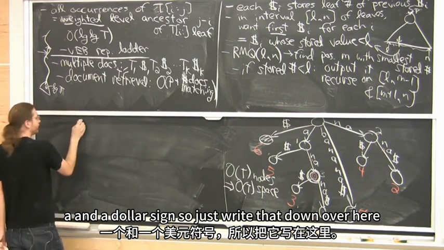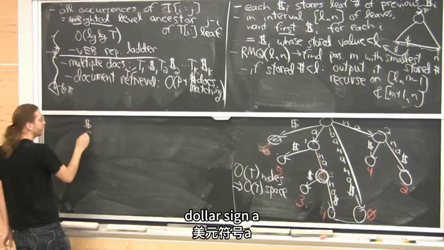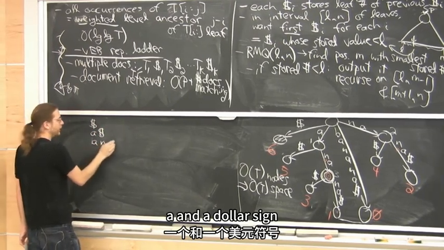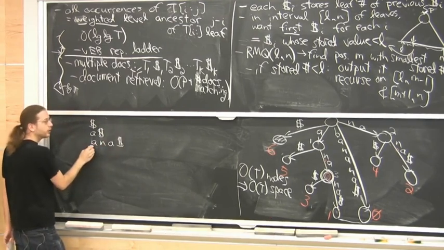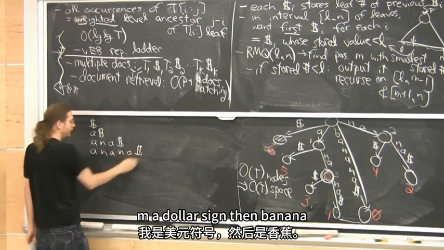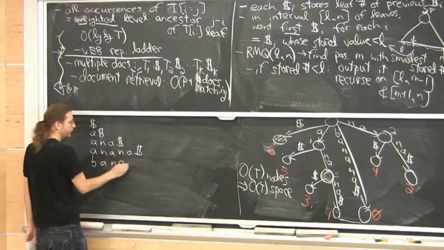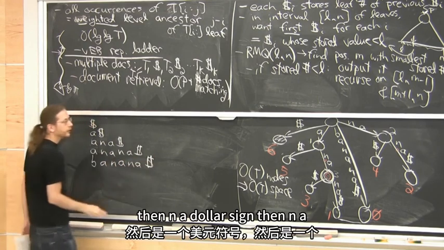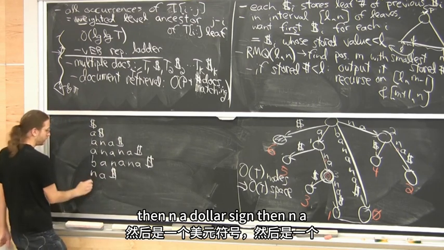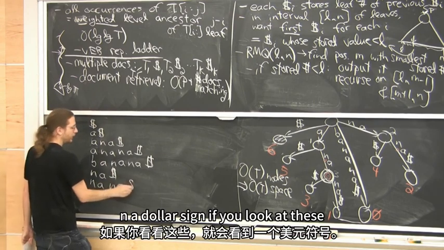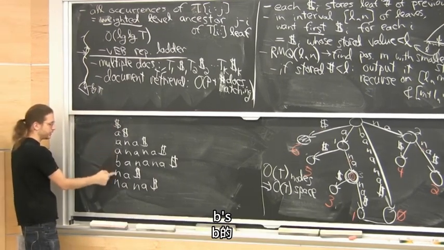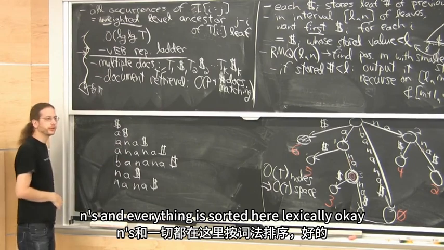So I'll just write that down over here. If you look at these, they are indeed in sorted order. $, A's, B's, N's, and everything is sorted here lexically.